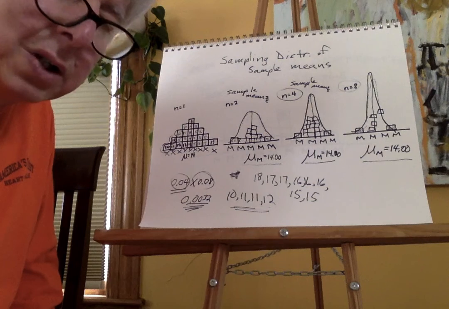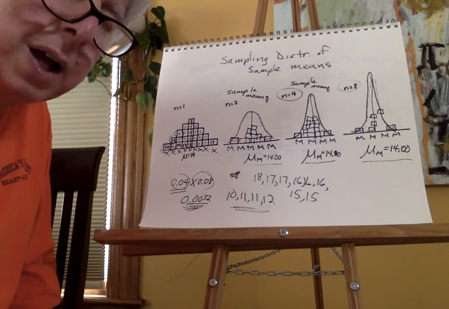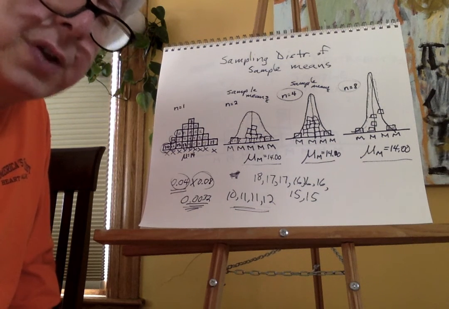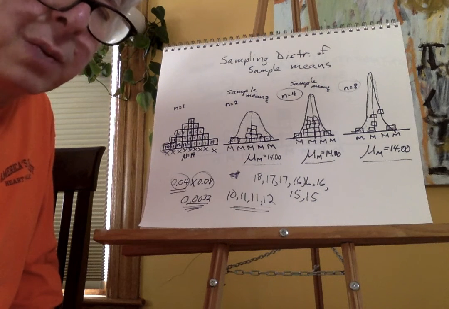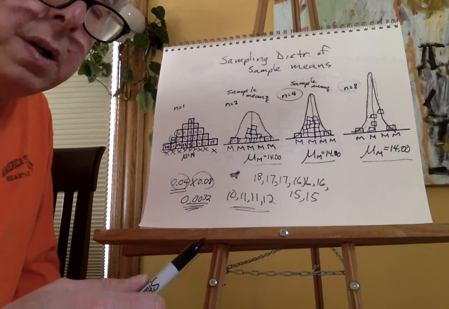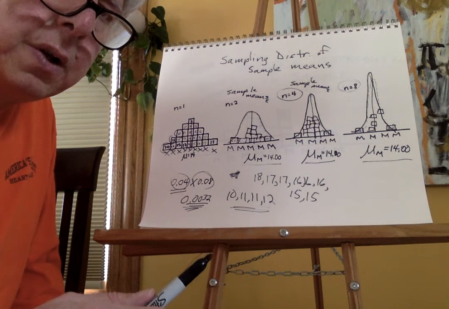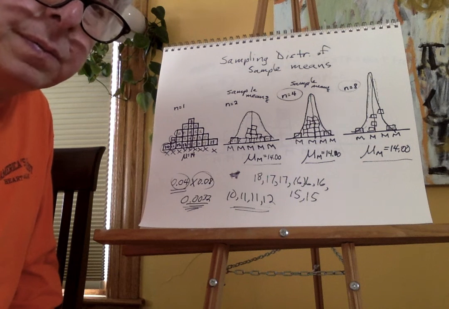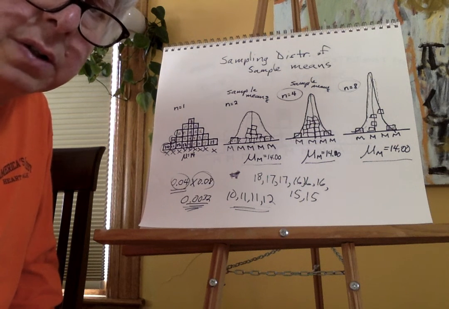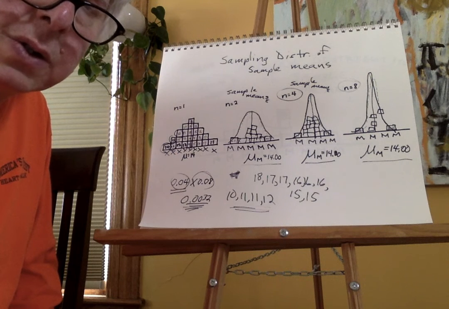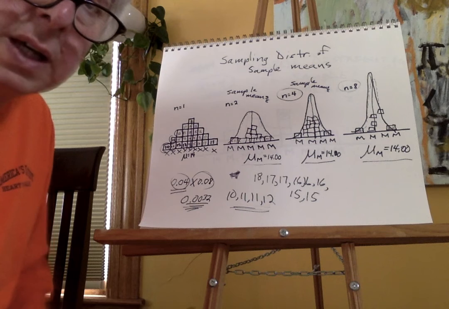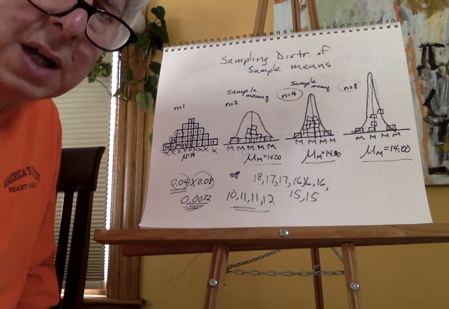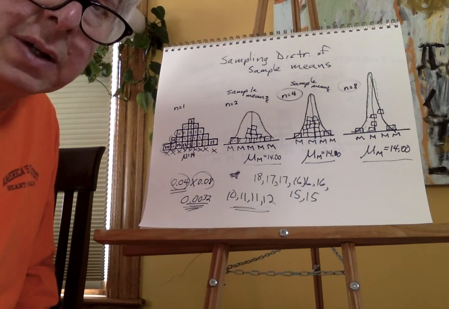You don't need to rush it. Let your thinking happen, because we speak way faster than we think, right? So the variability, the standard deviation of these sampling distributions is getting smaller as we increase our sample size. The variability is getting smaller.